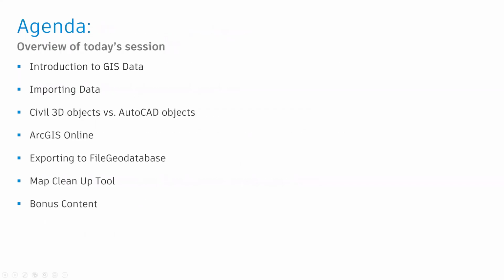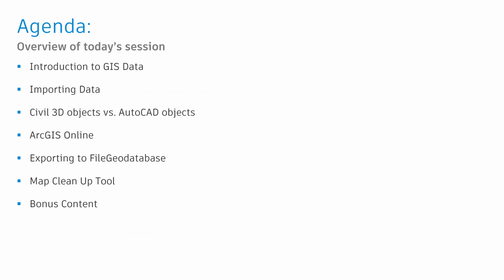Let's talk a little bit about the agenda. First, we're going to do an introduction to GIS data. We're going to talk about importing that data. We're going to talk about the difference between Civil 3D objects and AutoCAD objects. We're going to go through some publishing and sharing and consuming ArcGIS Online data. We're going to talk about what a file geodatabase is and how we're able to utilize that now within Civil 3D.